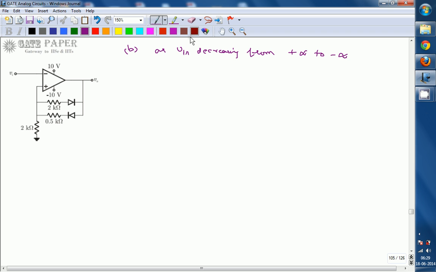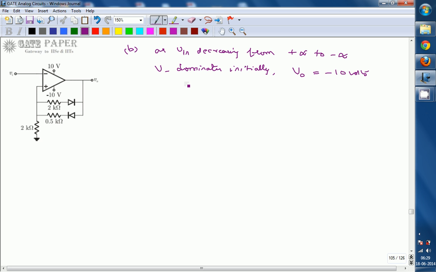So V input is more positive and is connected to the inverting terminal, so that initially V minus dominates. Whenever V minus dominates initially, at that time V0 will be equal to minus 10 volts.